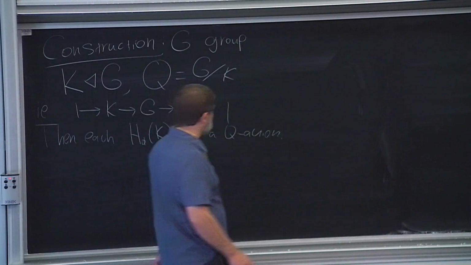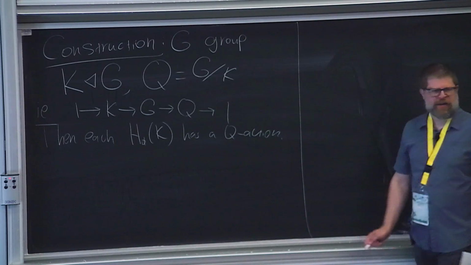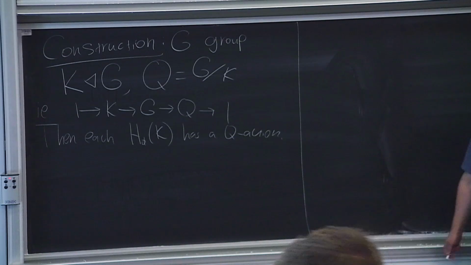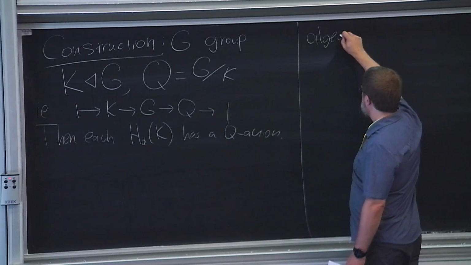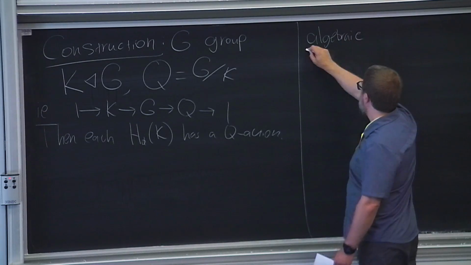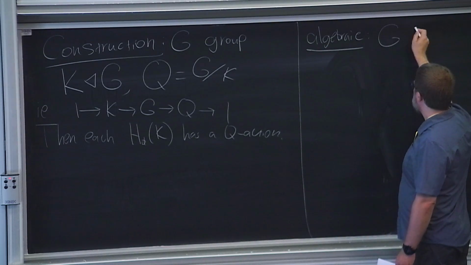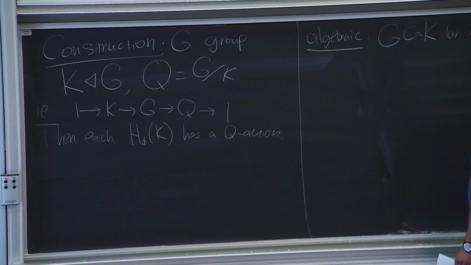And let me give you two constructions of this. Let me give you an explanation that's algebraic and an explanation that is geometric. So the algebraic one: G, of course, acts on K by conjugation.